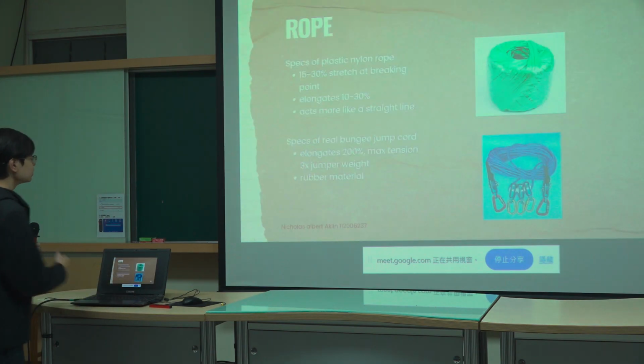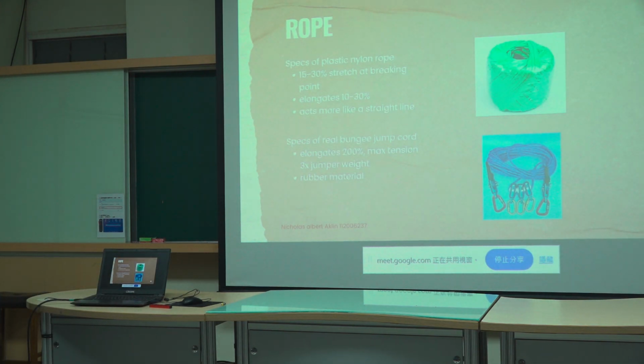It is clearly stated in the anime that they go bungee jumping with a nylon plastic rope, which can stretch only up to 30% before reaching a breaking point, and it acts more like a straight line instead of a dynamic line.